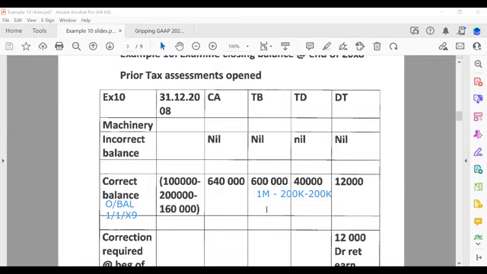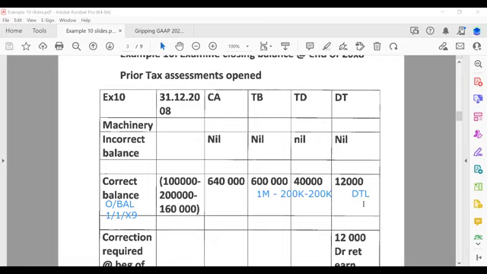So now that we've got our correct balances, we can work out our temporary difference. Our carrying amount is greater than our tax base, which means that I will have a deferred tax liability. So 640 less your 600 should give you 40,000. If we multiply that by 30%, you've got 12,000, and that would be a deferred tax liability.